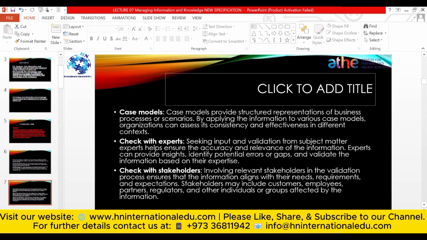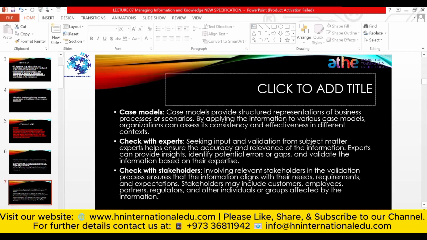Why is this person necessary in an organization? Because he's the one who is going to approve or reject the information we have gathered. Experts can provide insights, identify potential errors or gaps, and validate the information based on their expertise. If there is a problem, they will guide you. If your work is excellent, they will appreciate you.